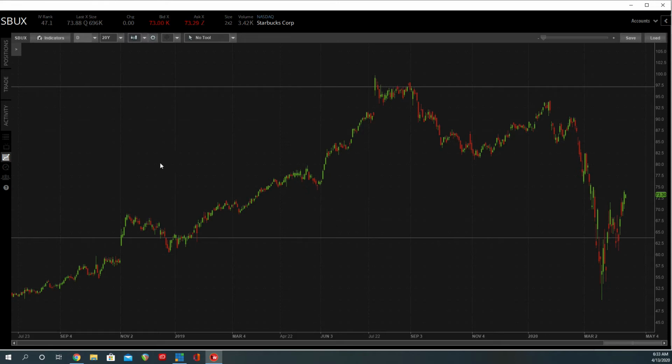Alright, so here's where those historical price levels show up on your chart. A price above where it's at becomes what they call resistance, and a price below it becomes support.